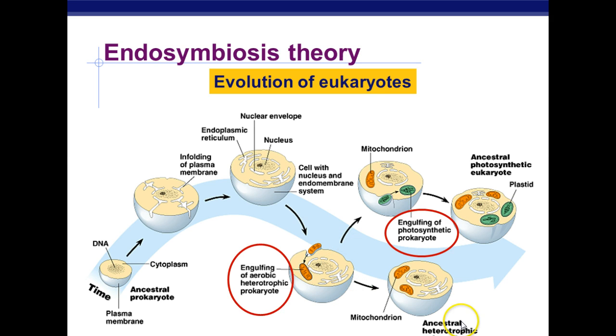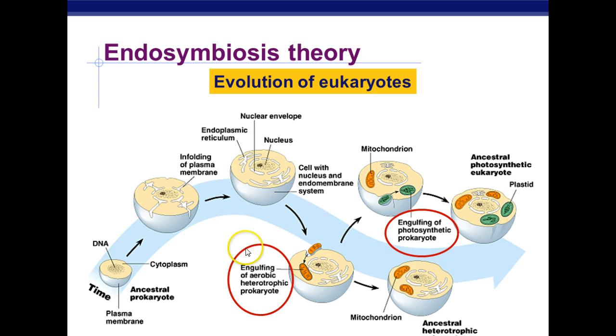You have the ancestral heterotrophic eukaryotes down here that become the first animal cells because they don't have chloroplasts. So it goes off on its own little evolutionary split. And then over here, you see the formation of the first plant cells, because plant cells, remember, have plastids. This is a chloroplast. And they have mitochondria.